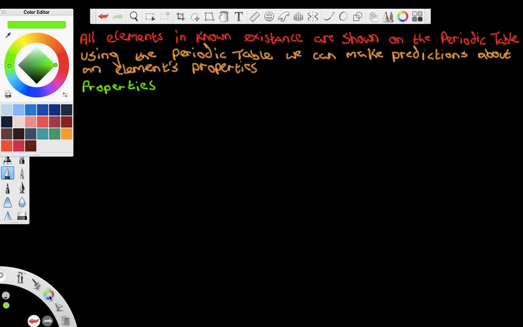The properties of something in science are the characteristics of a substance that can be observed.